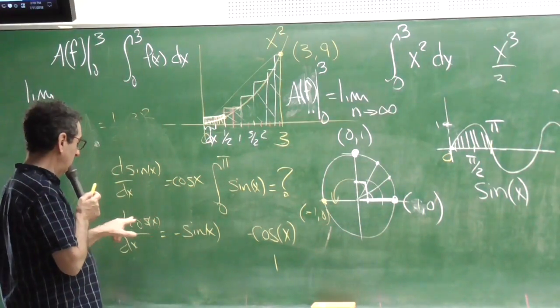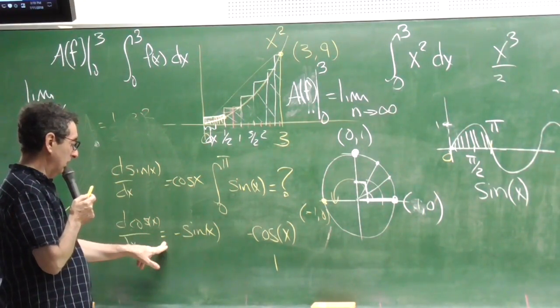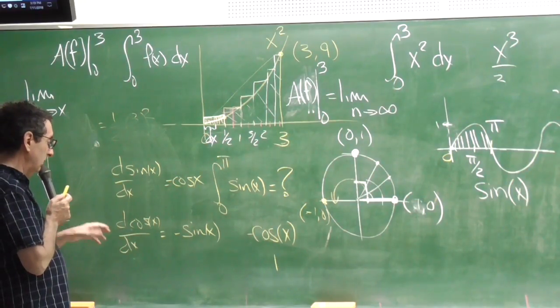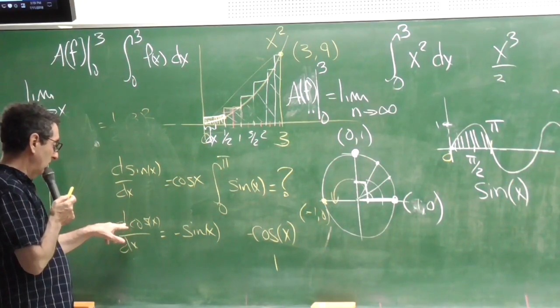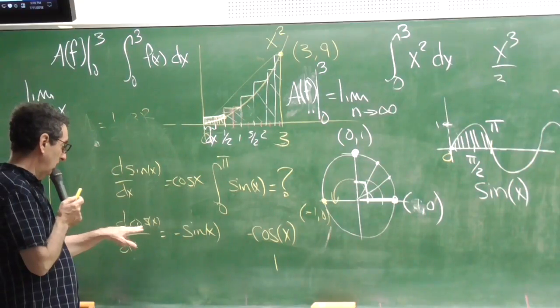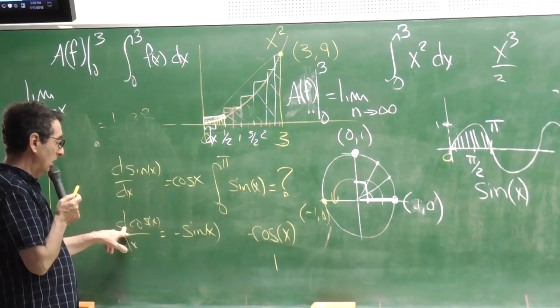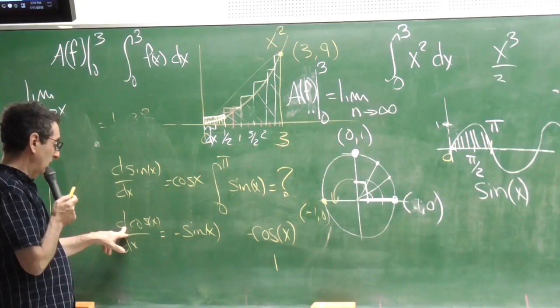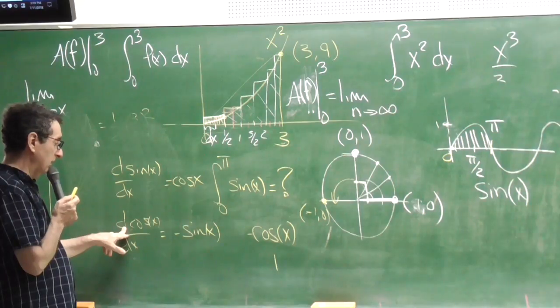What's wrong? The function whose derivative is sine is minus cosine.